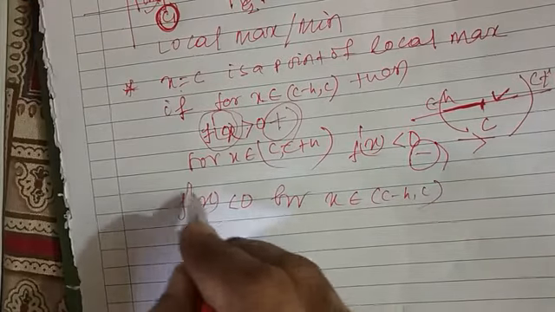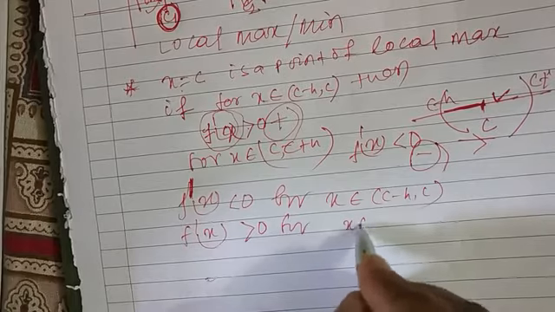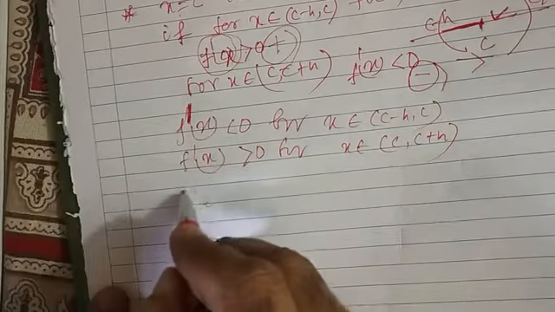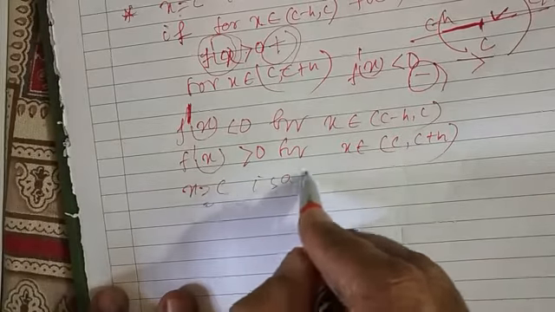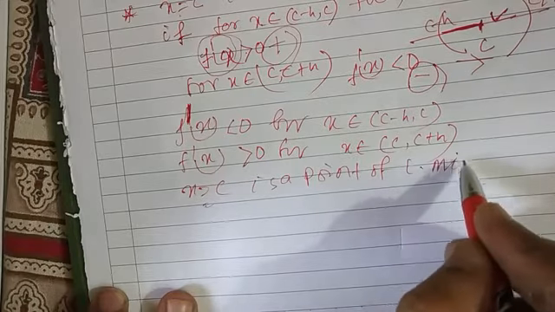F dash x greater than 0 for x belongs to c to c plus h. So x equal to c is a point of what? Local minimum.